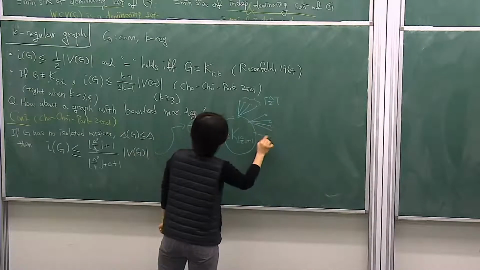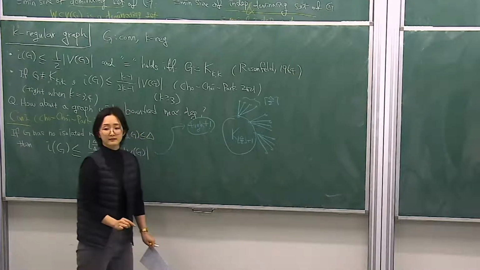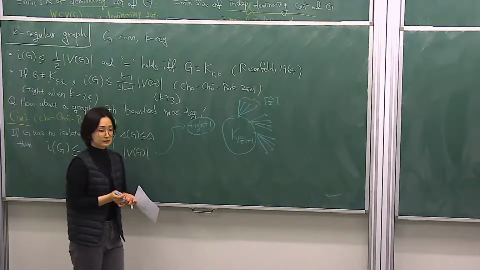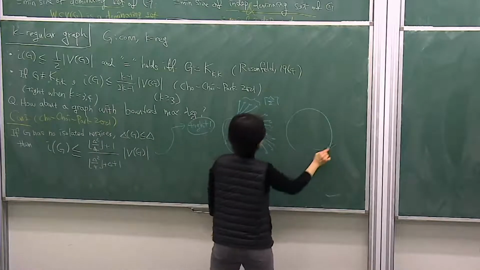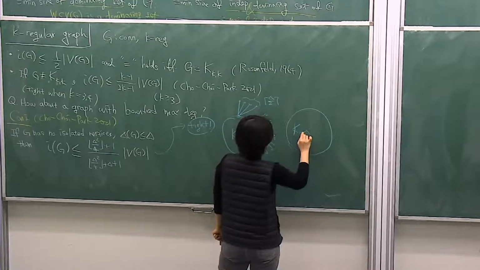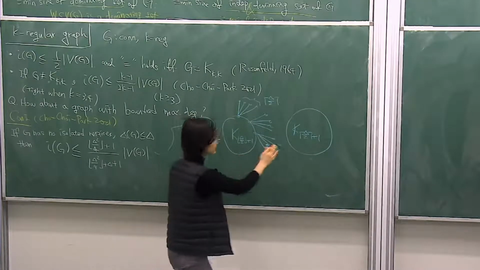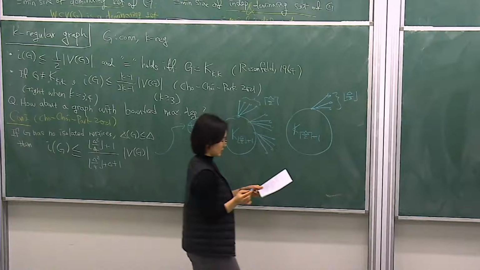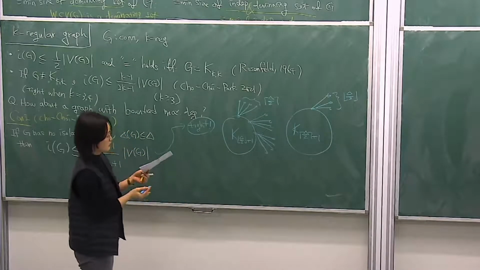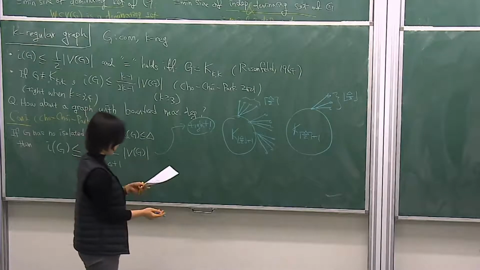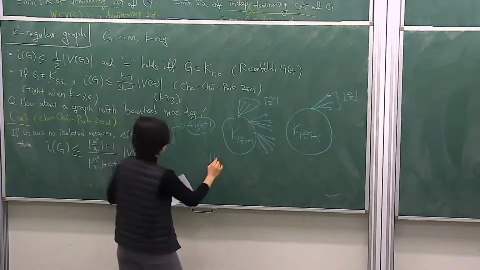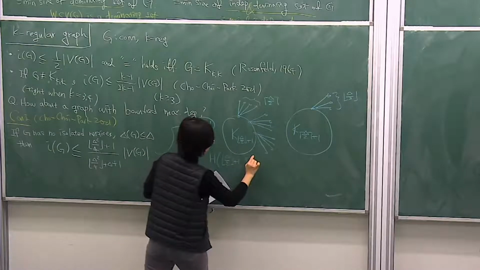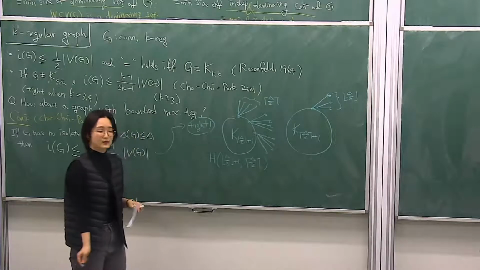Like this. Then each vertex on this clique has degree delta. And similarly, this one also gives the same bound: a clique of this size and then one less number of pendant vertices if delta is odd. I will denote this graph as H of this size of clique plus this many vertices of degree 1.